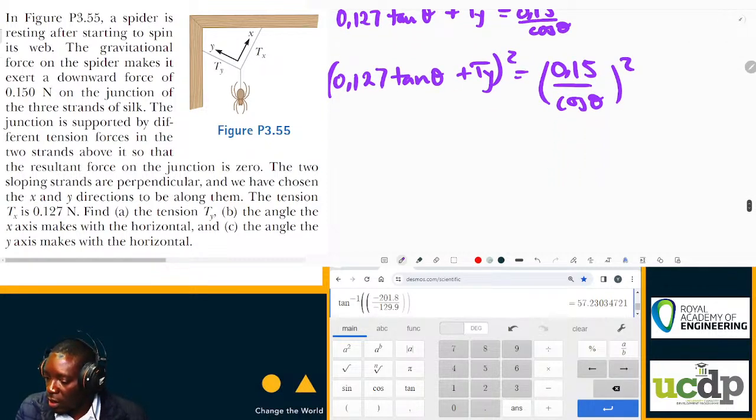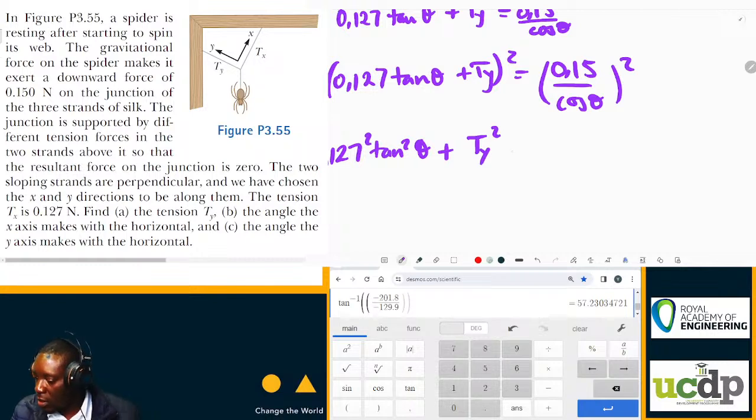So we get 0.127 squared tan squared theta plus Ty squared plus 2 times 0.127, which is 0.254 Ty tan theta.